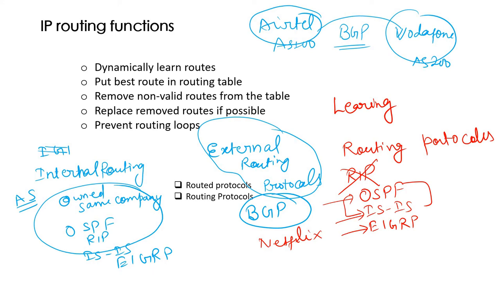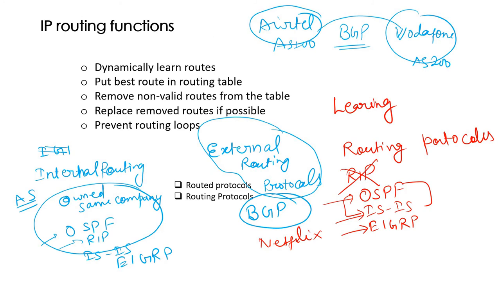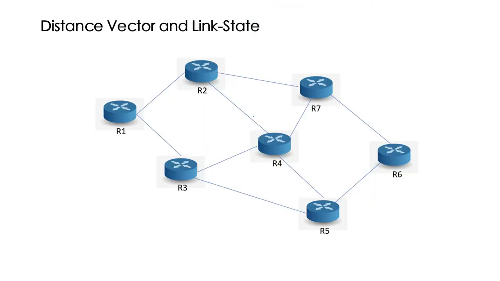So that is the basic brief of IP routing functions and protocols. The next job is to learn OSPF, RIP and so on, but meanwhile, let's discuss some more concepts of IP routing. This is another concept, distance vector and link state.